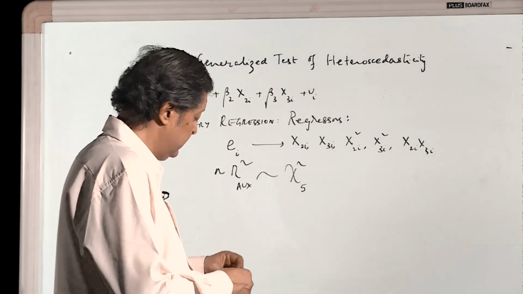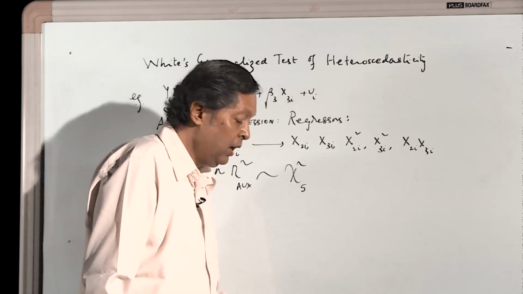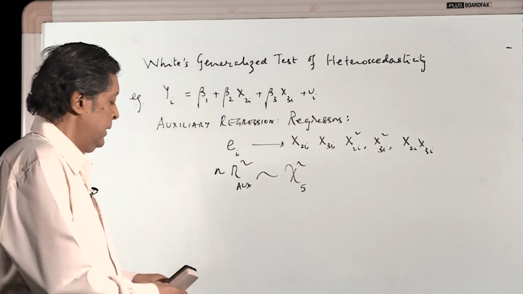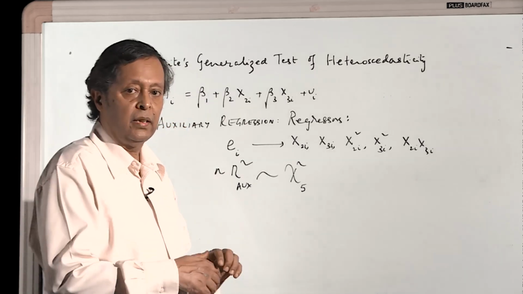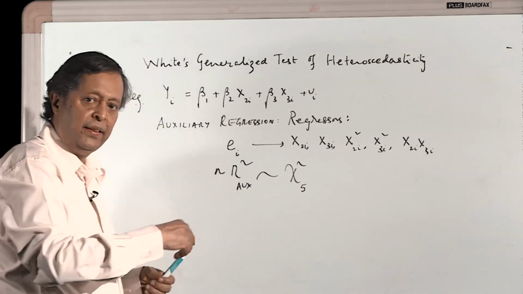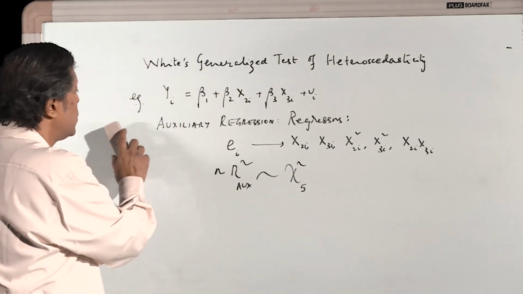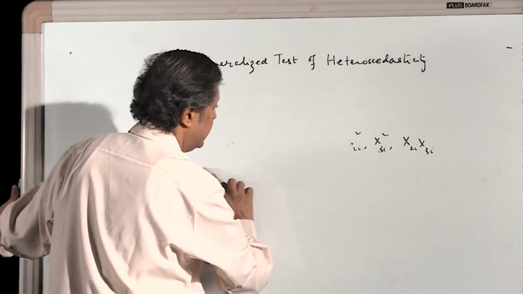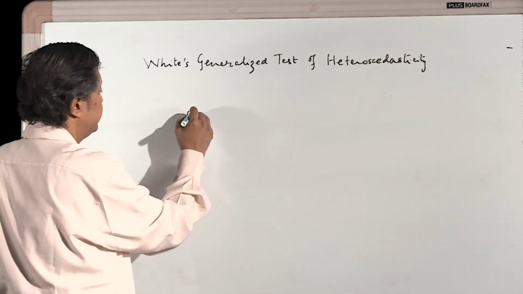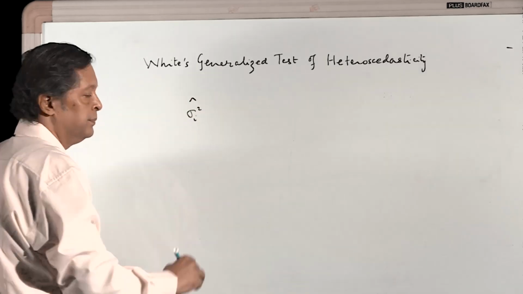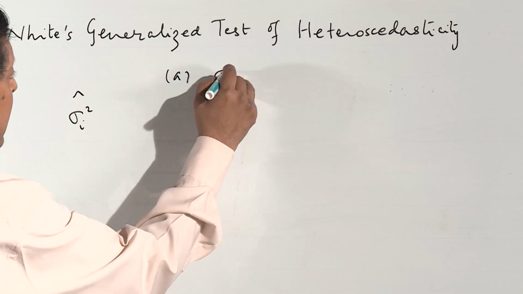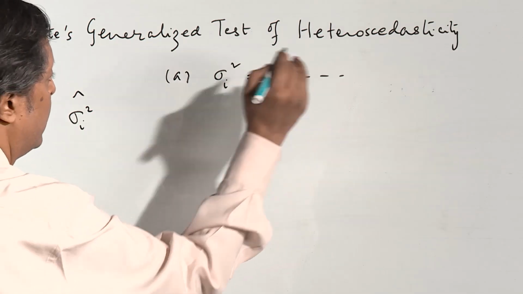Now, another thing that we have to see is, once heteroskedasticity is detected, through the auxiliary regressions we have actually estimated the sigma i hats. Remember, form A was sigma i square equal to what we had written.